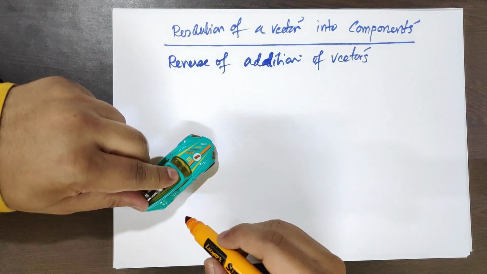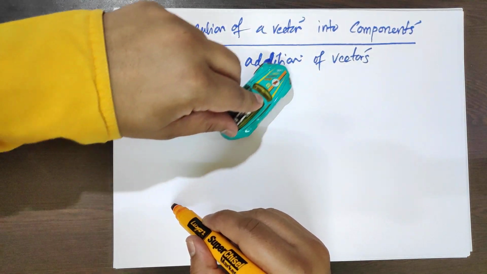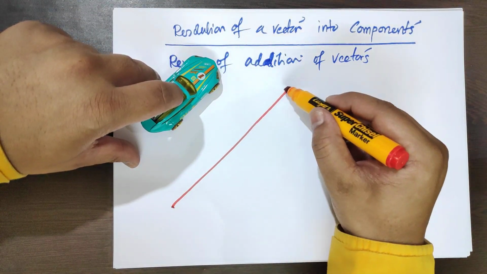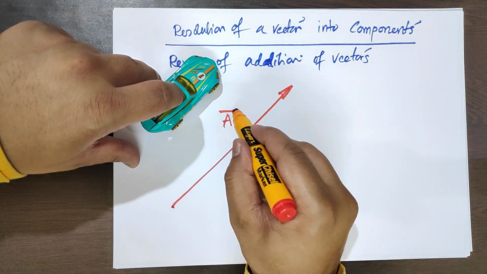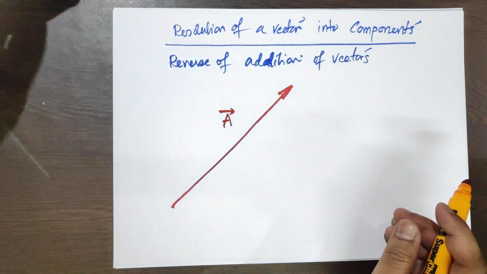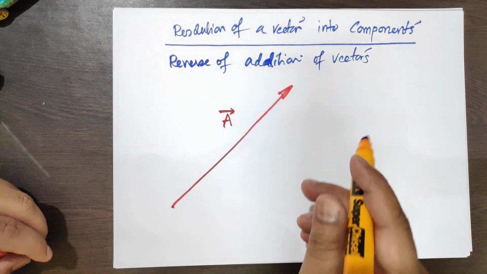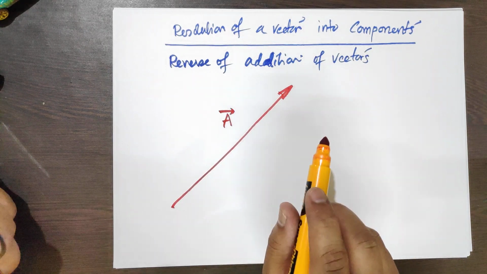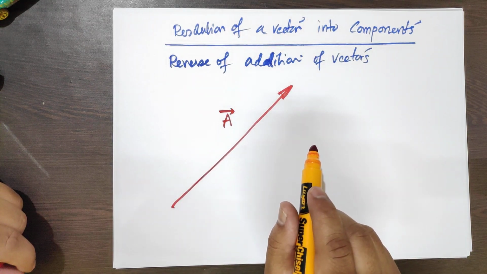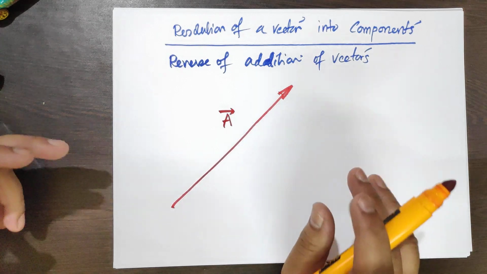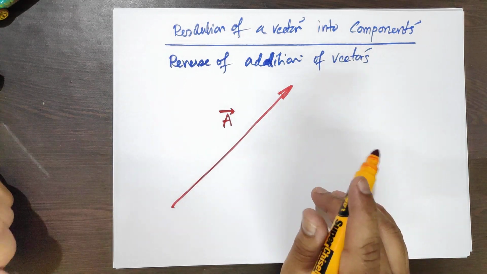So you have a vector A. Now how many components does this vector have? That means in how many ways you can get this vector A. That means how many vectors you can add to get this A.